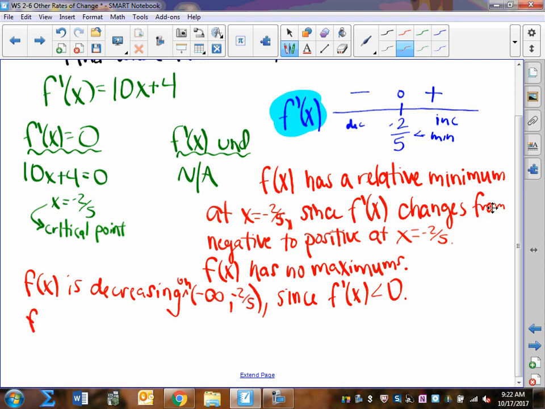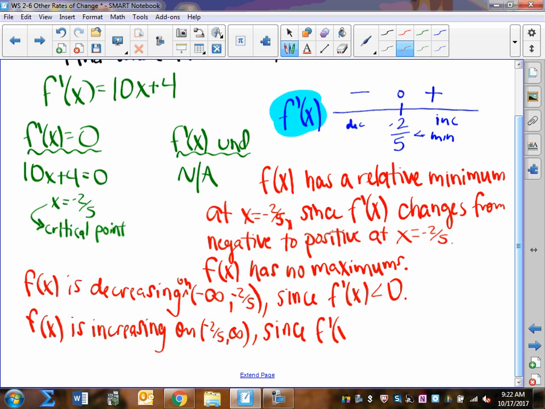And then similarly with my increasing, f of x is increasing on -2/5 to positive infinity, since f prime of x was positive there. It's a lot of work, a lot of words, that's just the nature.